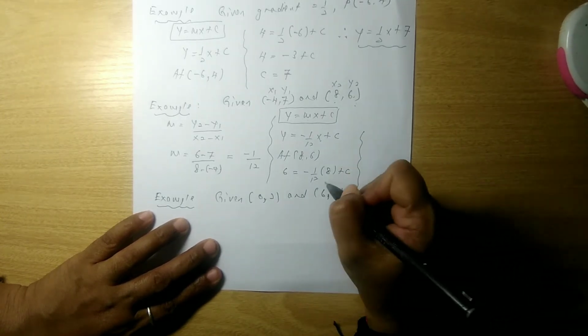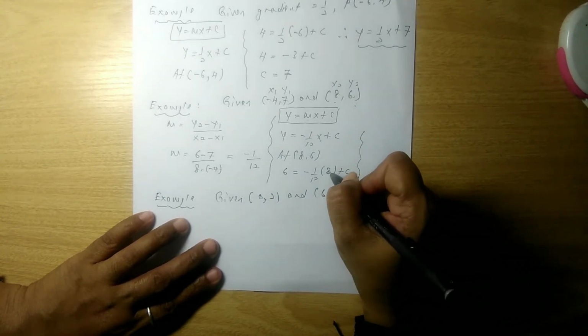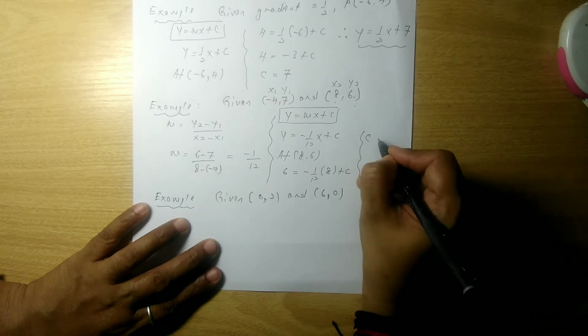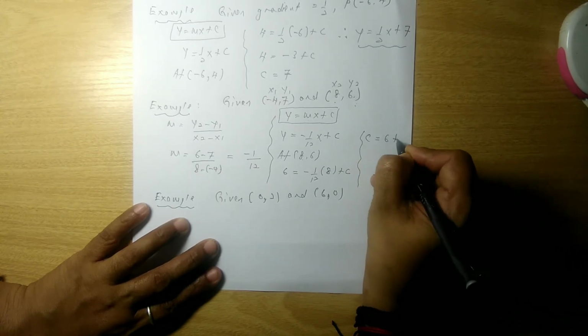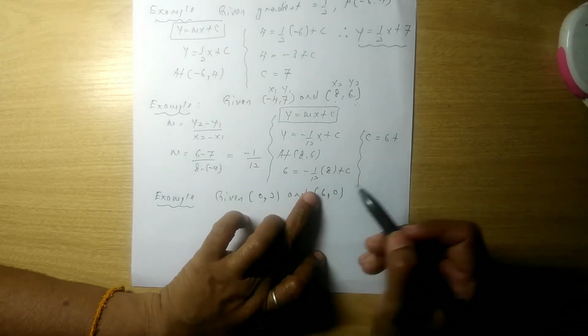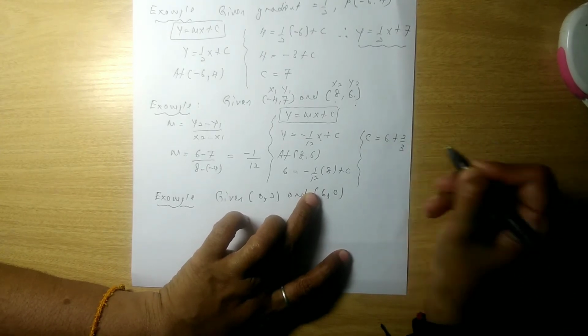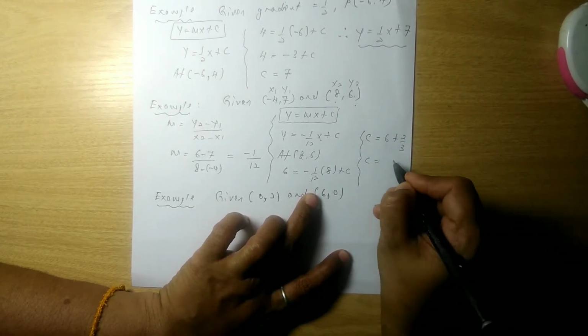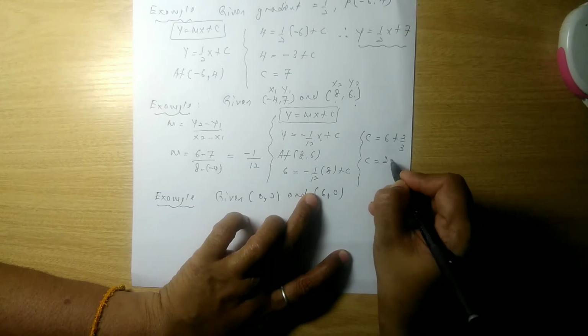You can simplify, this is 2 over 3. So c becomes 6 plus 2 over 3. C is actually 20 over 3.